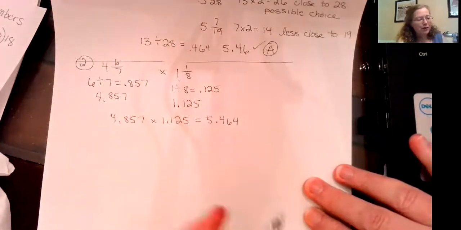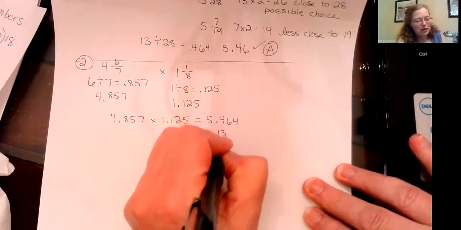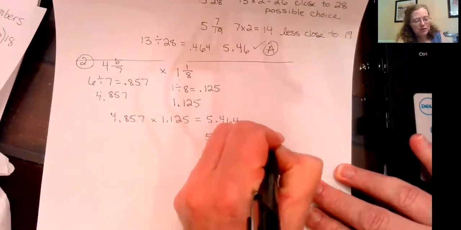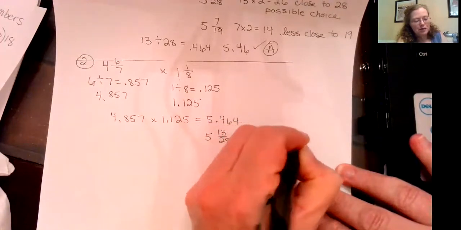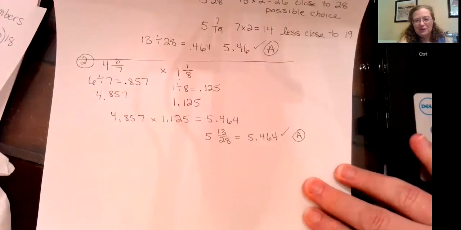Well, we already know that 5 and 13 over 28 is also equal to 5.464. So we know, again, that A is our answer. Personally, I like this method better.